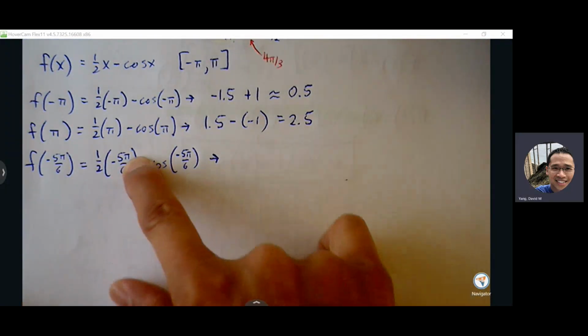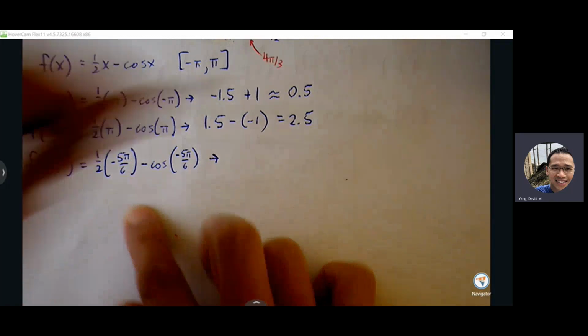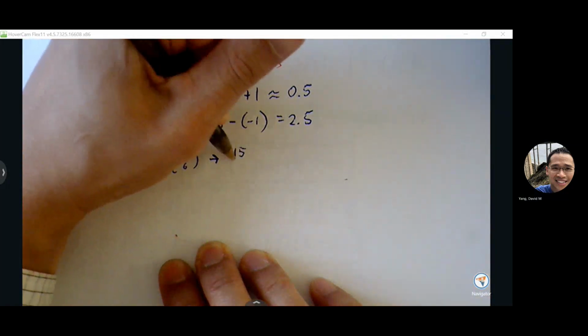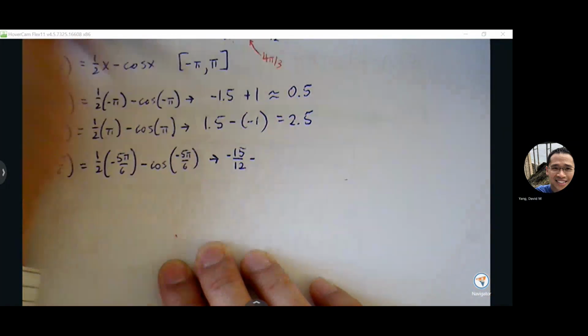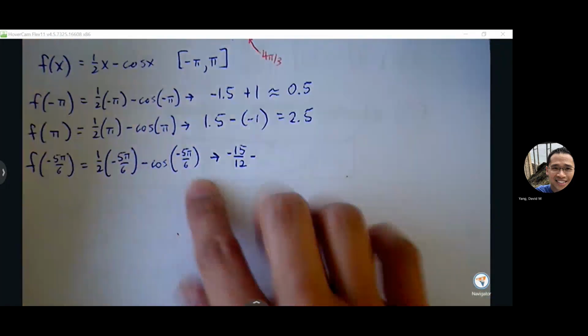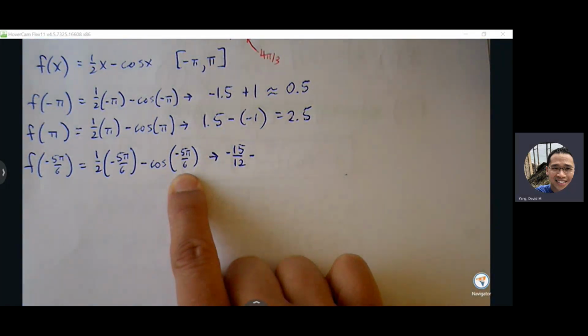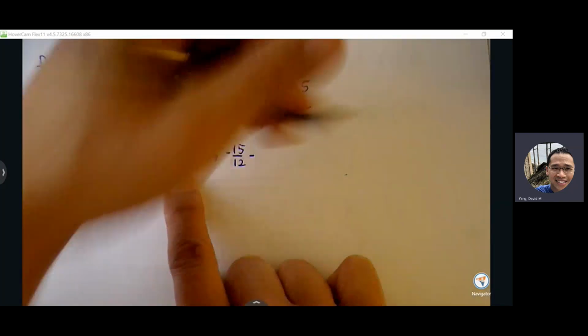Again, we're going to treat pi like 3, so this is like negative 15 over 12. Cosine of negative 5 pi over 6: negative 5 pi over 6 is the same thing as 7 pi over 6, so that's negative root 3 over 2.